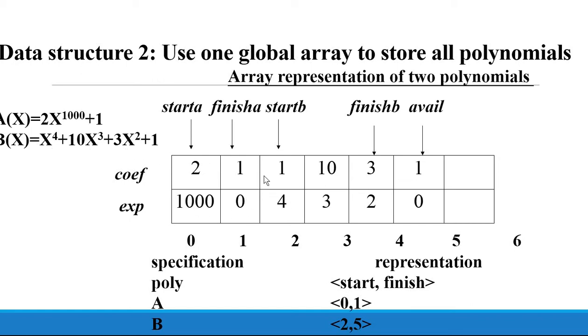Then 1 x power 4 is stored at start B for polynomial B, 10x power 3, 3x power 2 and 1. Since 1 is x power 0, that is why 0 is stored. In this way, both the input polynomials can be stored in one array, and in the same array, the destination array, the added polynomial also will be stored.